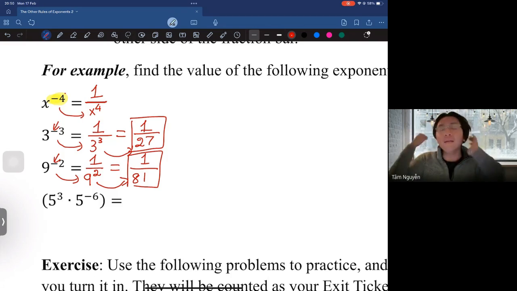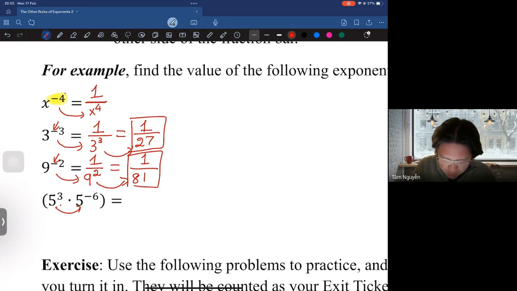Okay, and let's say that you have more than one term. Really easy. Simplify this one first. I see that they are multiplying each other, so I'm going to use the product rule and add the exponents first. The base 5 stays the same. 3 plus negative 6 gives me 5 to the power of negative 3.